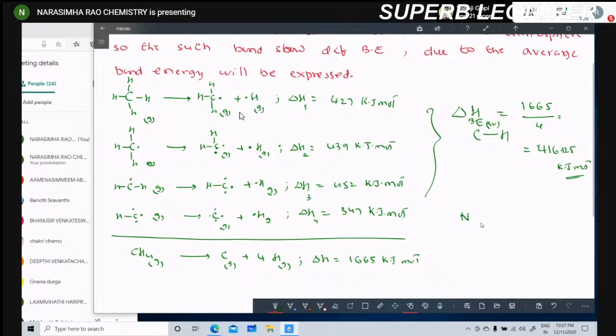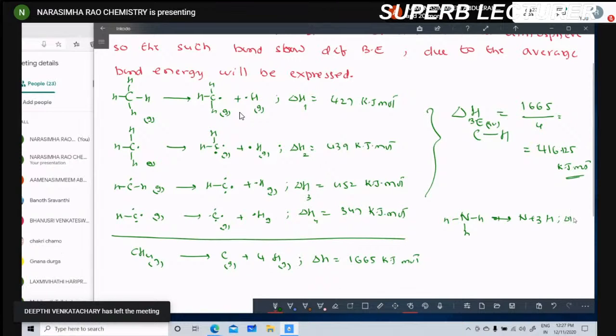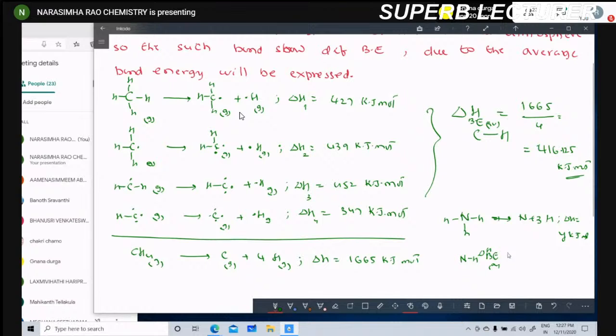In case of ammonia, for example, NH3 gives rise to N plus 3H. Delta H is equal to Y kilojoule per mole, suppose we got. Then the N-H average bond energy is equal to Y divided by how many bonds? 1, 2, 3.